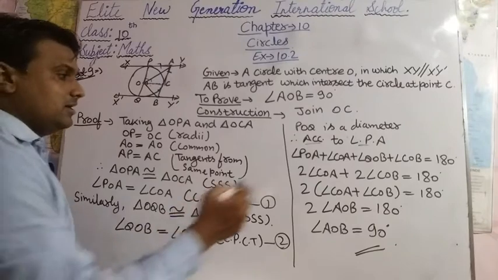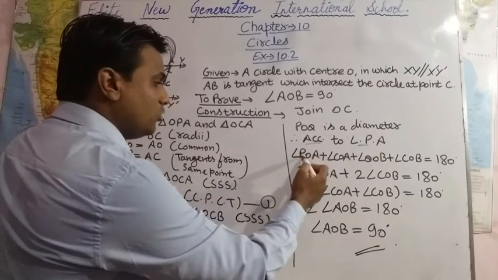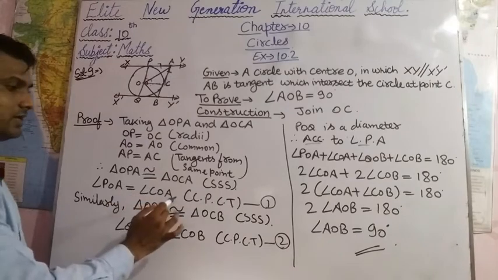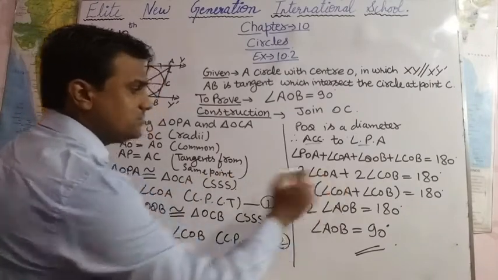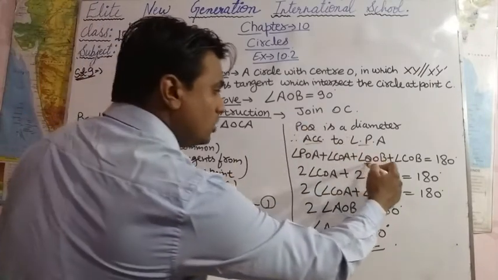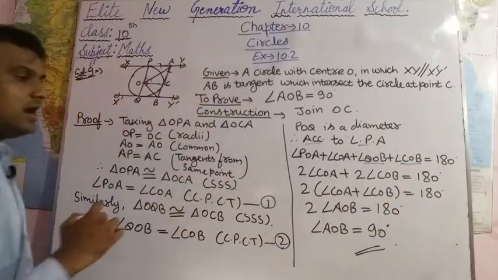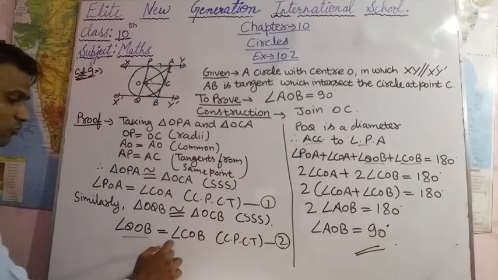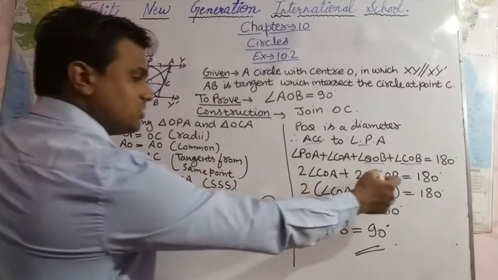As we know, POA and COA are equal, so we can write twice COA, and QOB and COB are equal, so twice COB.